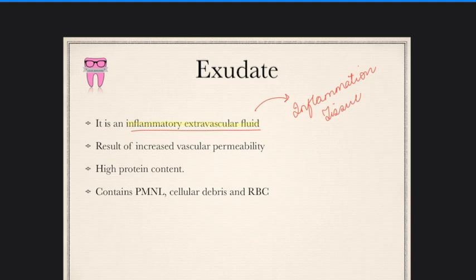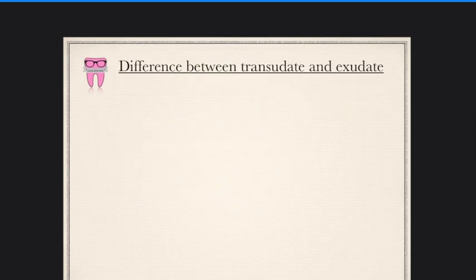Exudate is a result of increased vascular permeability, and it has high protein content. It contains polymorphonuclear neutrophils, cellular debris, and red blood cells. All the components of blood basically come out from the capillaries into the surrounding tissues. Now, why and how does this happen? Let's see the differences between transudate and exudate.